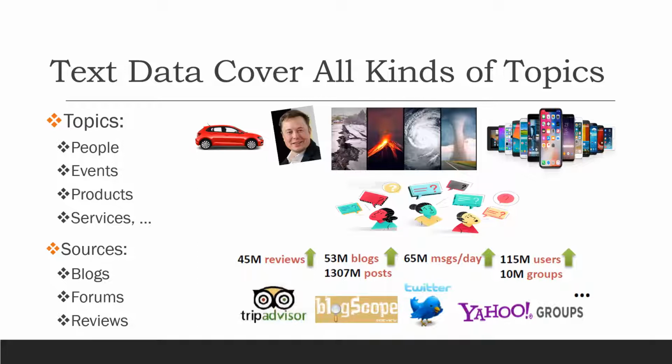Even there are a lot of forums. In the forums, you are discussing different topics. Most of the time, you are using texts, even in reviews and comments; each and everywhere you are using texts. So it's very, very important how you can classify the texts, how you can categorize the texts.